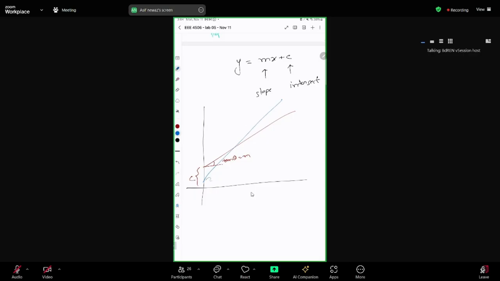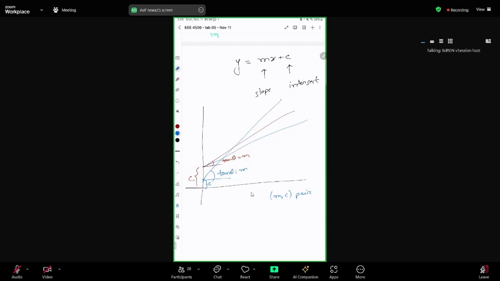And for the blue one, this is my c, and this angle is tan theta, and this is my m. So as you can see, when you draw different lines, each line will have a different mc pair, right? Every line will have a distinct mc pair. The m value can be the same, but the c value has to be different. Only then are the two lines different.